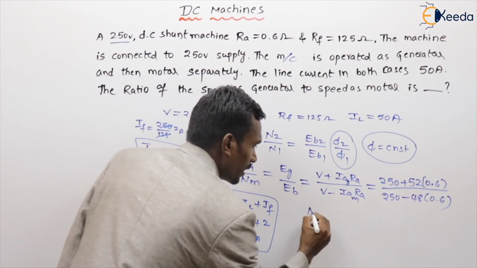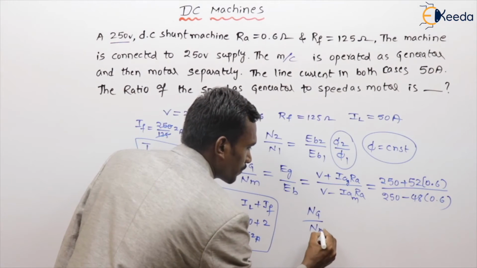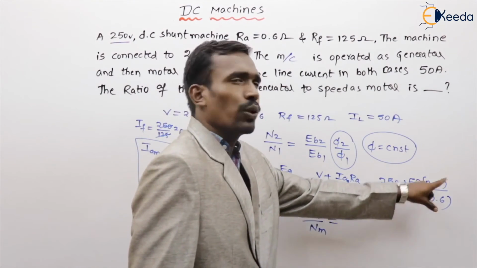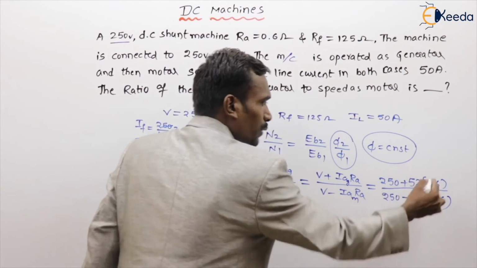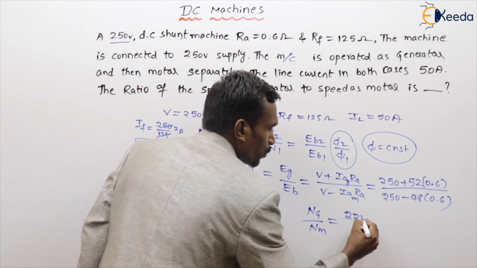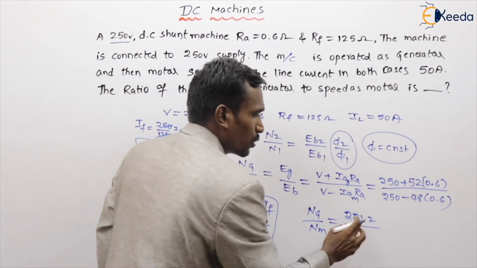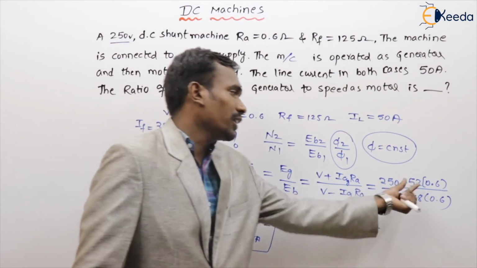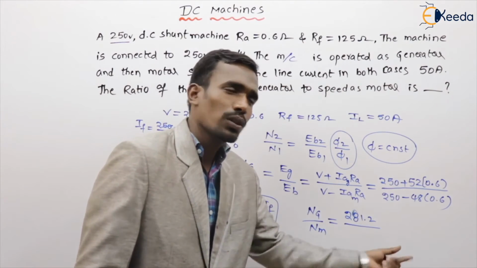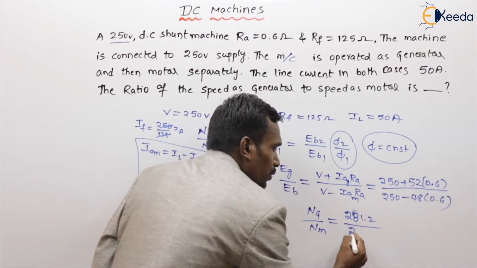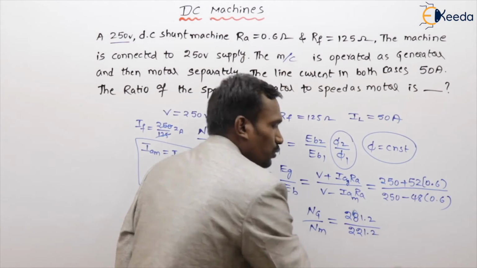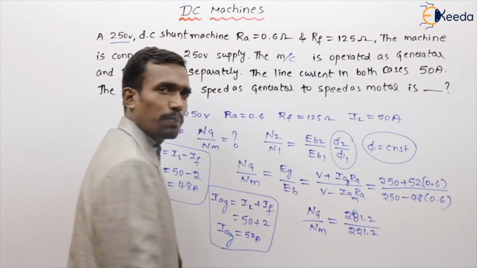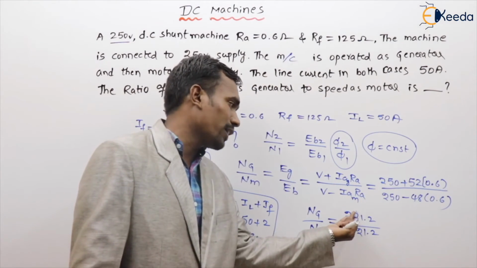Now tell me the speed in generator to the speed in motor equals 250 plus 52 into 0.6. Can you tell me this value? 281.2.